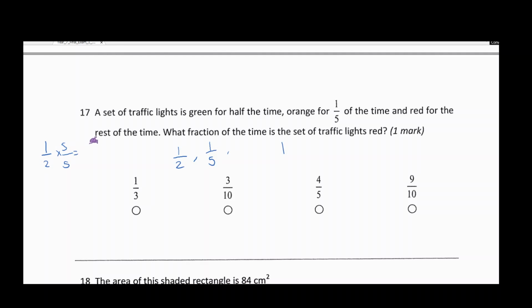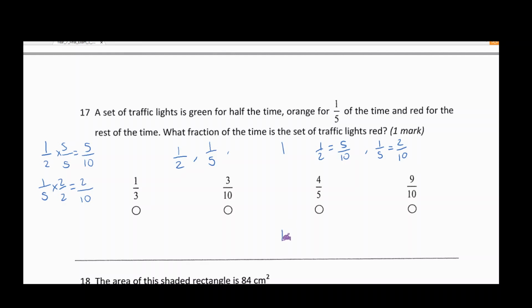So 1 times 5 is 5. 2 times 5 is 10. So I've got 5/10. All right, and I'm going to change 1/5. I'm going to multiply that by 2/2. So 1 times 2 is 2. 5 times 2 is 10. 2/10. So 1/2 is the same as 5/10, and 1/5 is the same as 2/10.